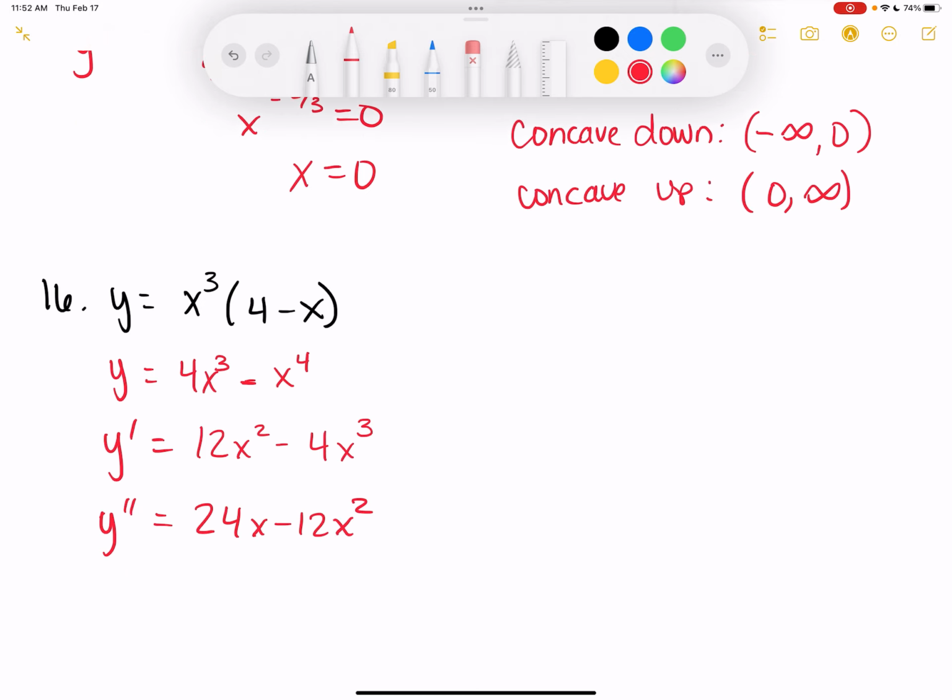So then I can take something out of both pieces. So I'll take out a 12x, I guess. So 12x leaves me with 2 minus x.